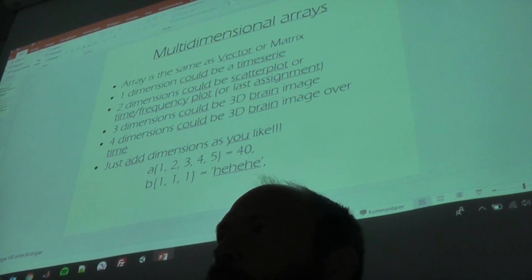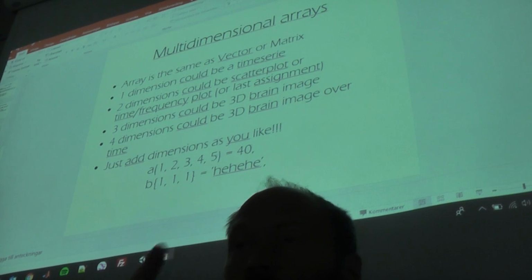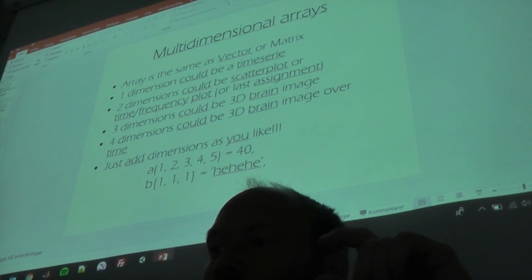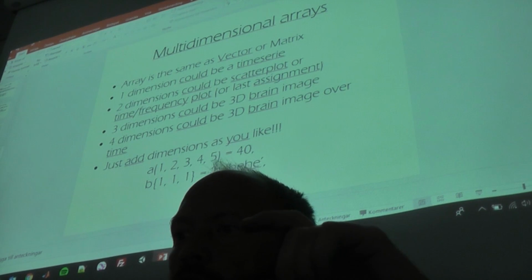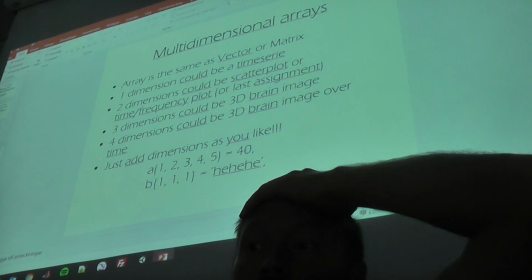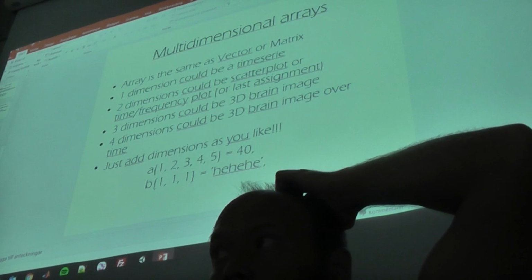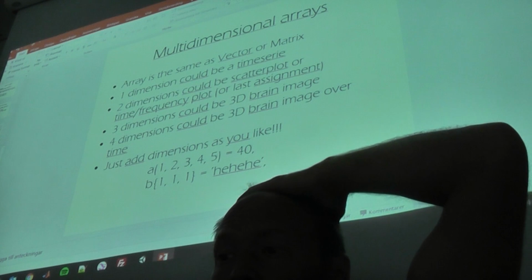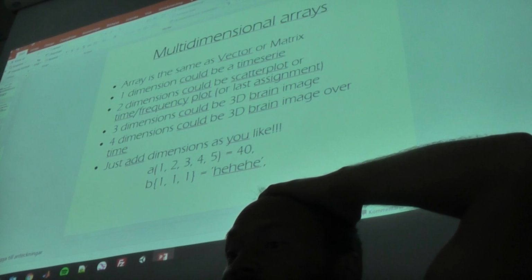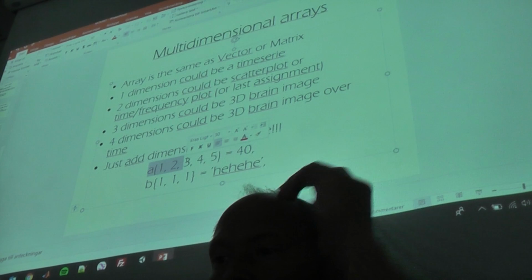And you can have many dimensions. If you just have one dimension, that's a time series. It's just a sequence of numbers or whatever. 2 dimensions could be, well, you've got X and Y, like a spreadsheet, and you can plot it as an image. 3 dimensions could be a 3D brain image. 4 dimensions, a brain image over time, and you can just add as many dimensions as you want.